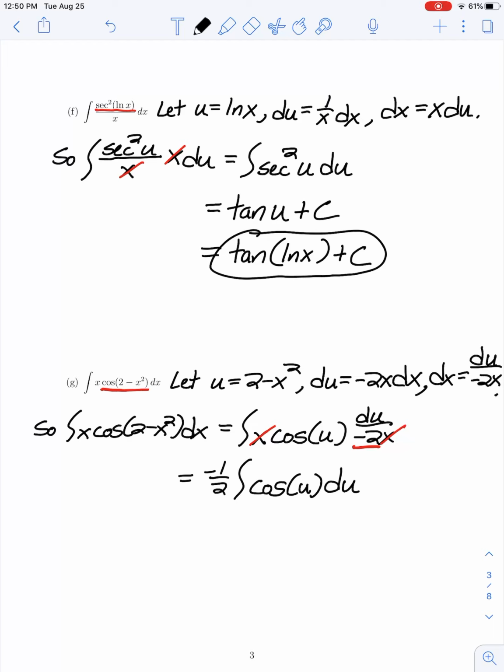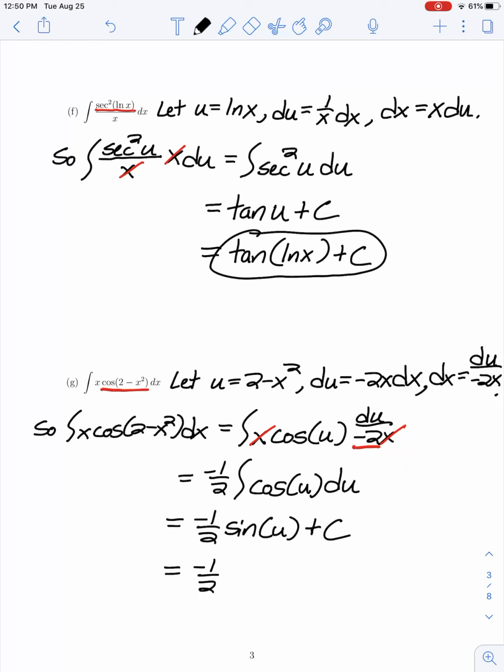And we know how to find the antiderivative of the cosine function. The antiderivative of cosine u is positive sine of u plus c. And as with our earlier examples, we want to substitute our expression for u back into our function.